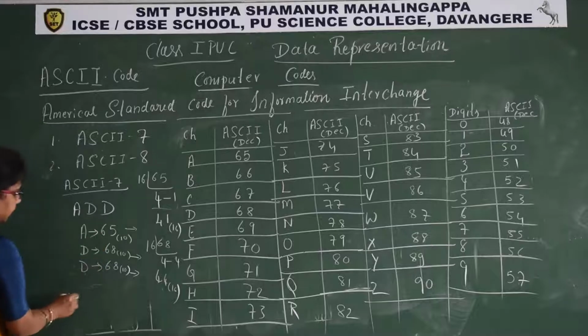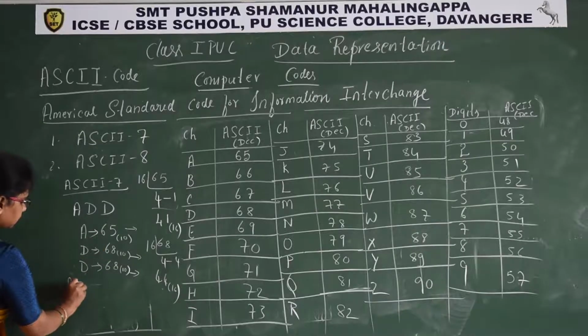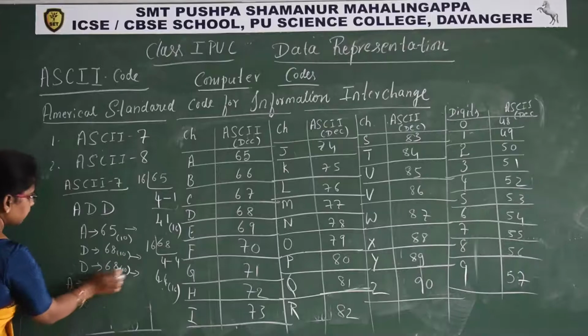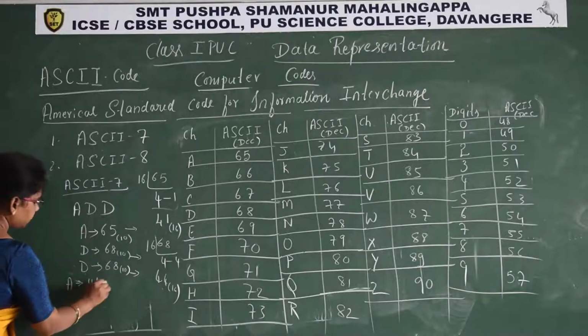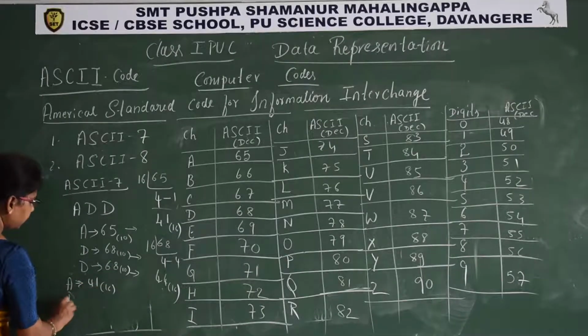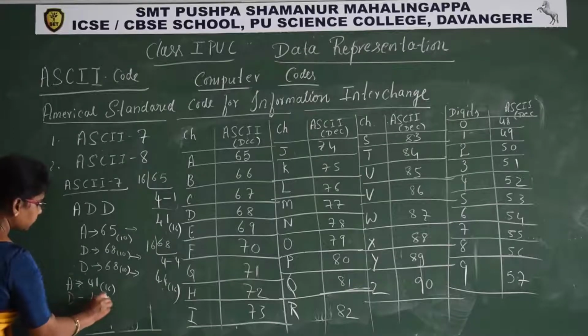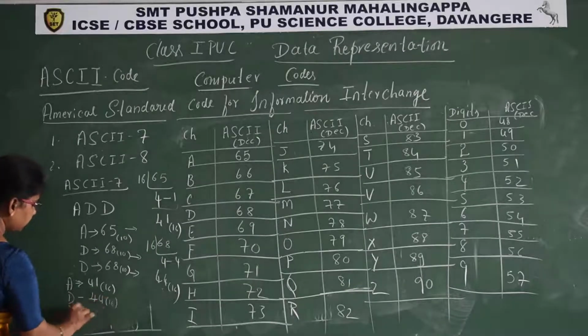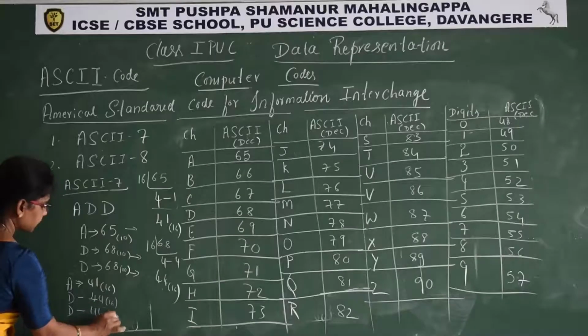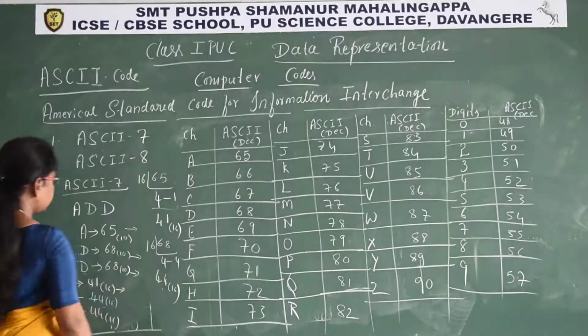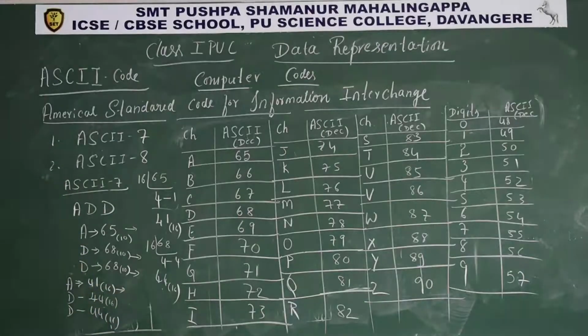Now for capital A, 41 base 16, and for D 44 base 16, one more D 44 base 16. Now we have to write these hexadecimal numbers into 7-bit binary code.